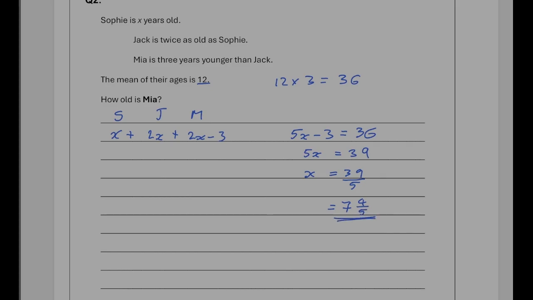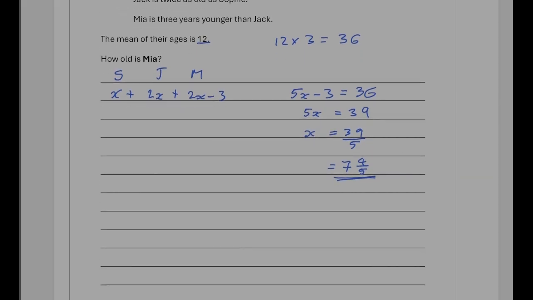Right, that's not quite what we were asked to work out, though. We were asked to work out Mia's age. So Mia is 2x minus 3. So I'm going to return to this version. Actually, I'll be fine with working with a fraction. So if I double this fraction, I'm going to get 14 8/5, which is going to be the same as 15 3/5.